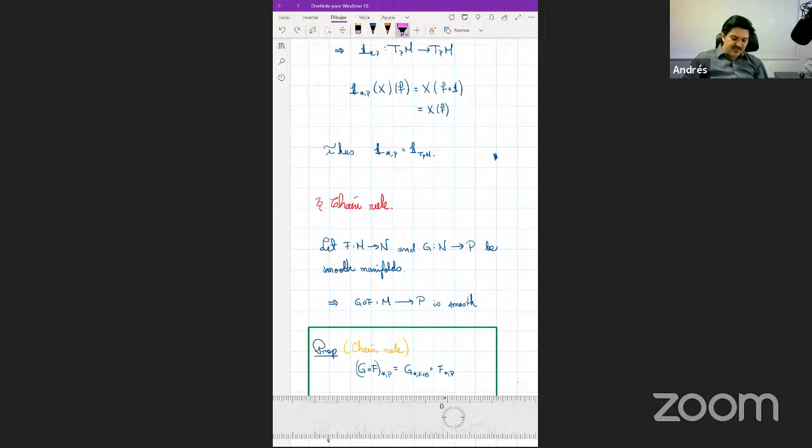So I have P in M, and I'm computing the differential of this. So this is going to be the differential of F at P composed with the differential of G, but at the point F of P. Right? So this is the chain rule. So it is the composition of two linear functions.